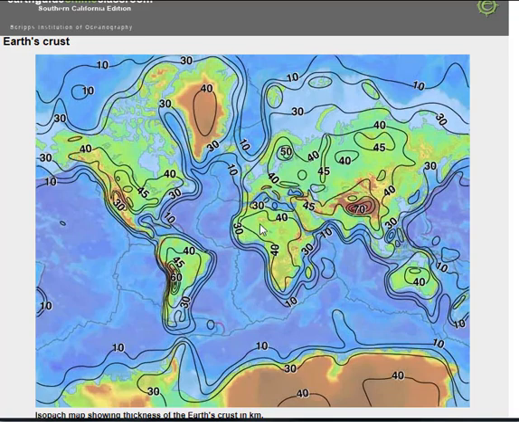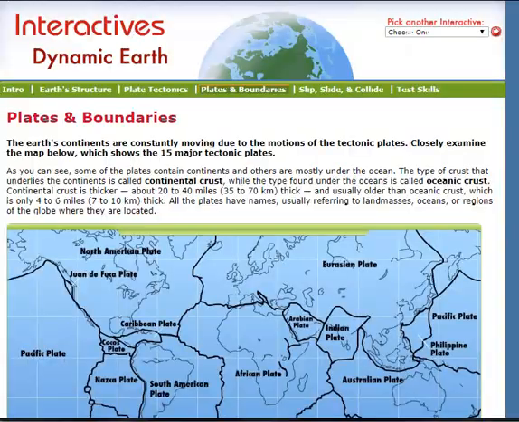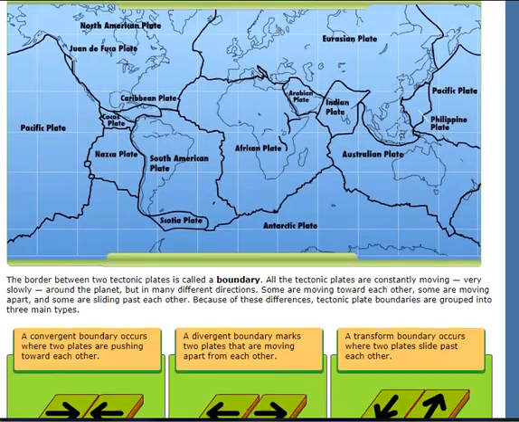In the ocean, again, it goes from 0 to 10. That fits with what was being said here, that it is 7 to 10 kilometers thick, and again, 35 to 70 kilometers thick.